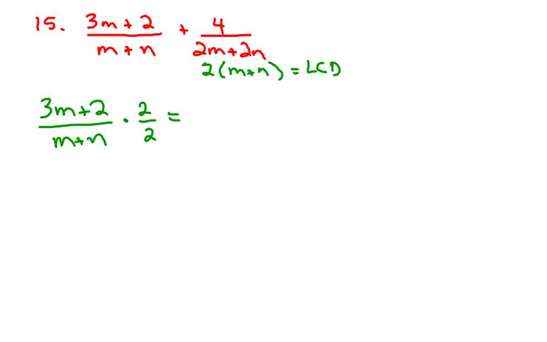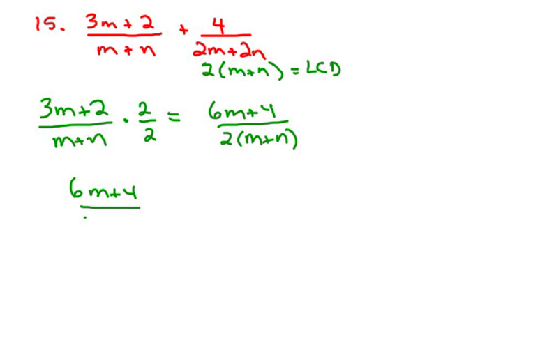That means to distribute the 2 in the numerator to get 6m plus 4 over 2 times m plus n. The other fraction there already has the LCD, so we can now perform the addition. 6m plus 4 over the LCD plus 4 over the LCD.